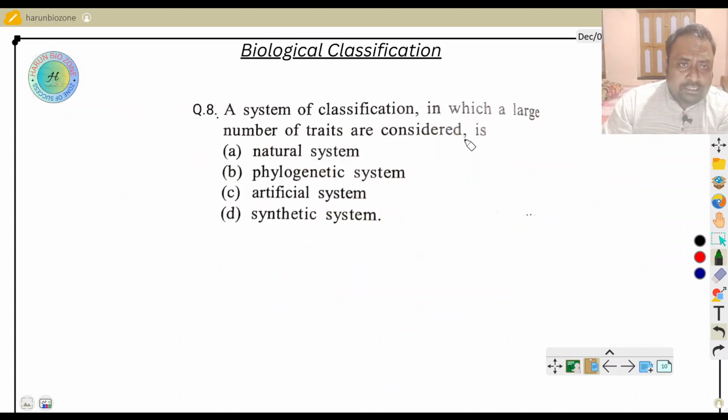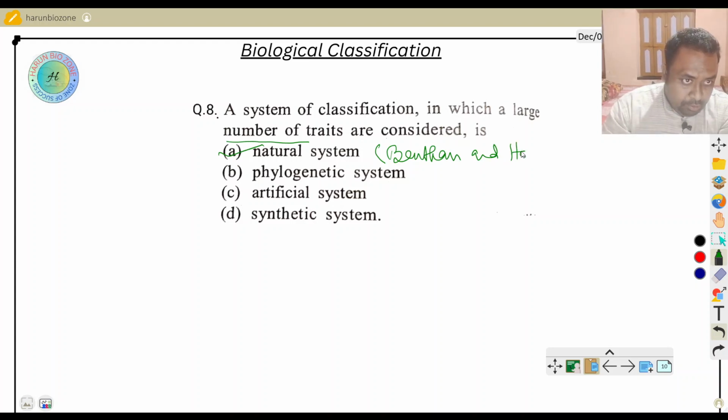A system of classification in which a large number of traits are considered is, in which classification system are a large number of traits considered? Large number of traits are considered in the natural system of classification proposed by Bentham and Hooker.